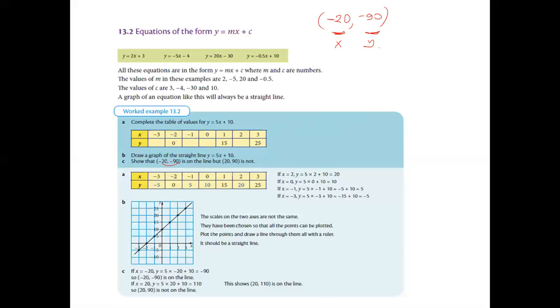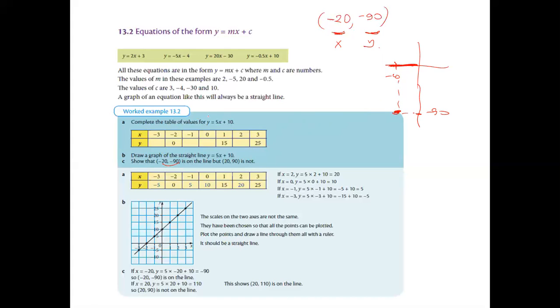Okay, so as you see here also, the first value is minus 20. Minus 20, it means in which place is it located? Of course, the left side of the horizontal line, approximately here. And minus 90 was approximately here, and their point is here approximately. So how can we show it?